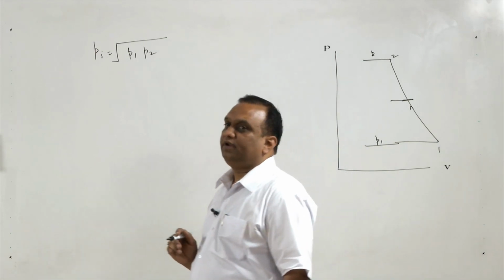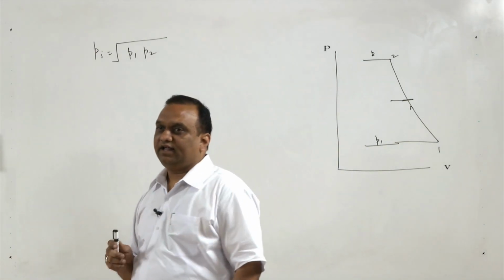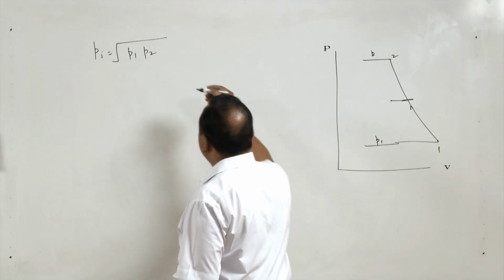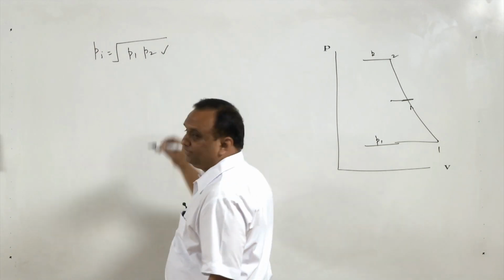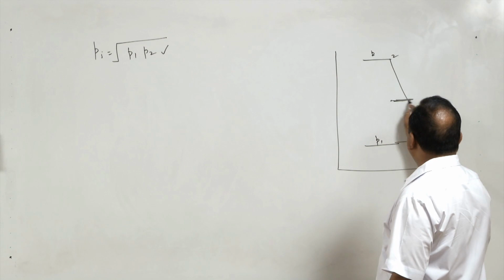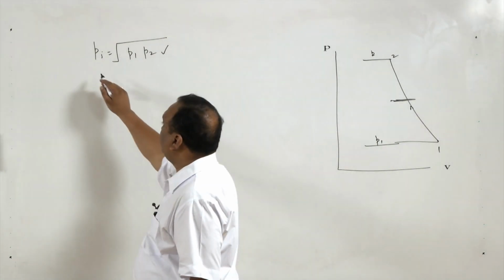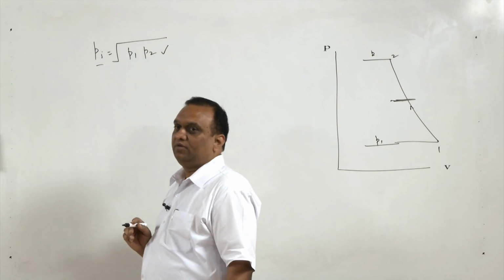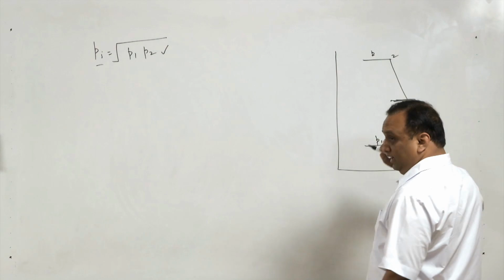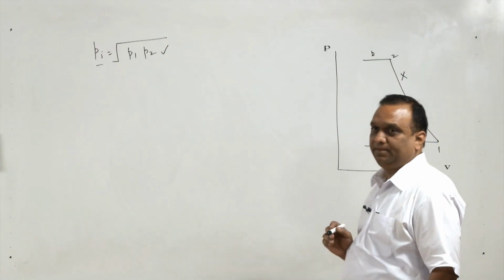But this does not happen in a refrigeration system. First of all, refrigerant cannot be considered as an ideal gas, right. So this expression can give us a value close to the intermediate optimum pressure, but it will not give us the exact intermediate pressure. Normally in refrigeration systems, ideally the work done in both the compressors should be equal.